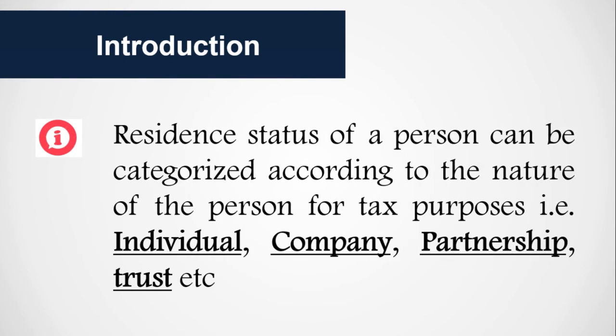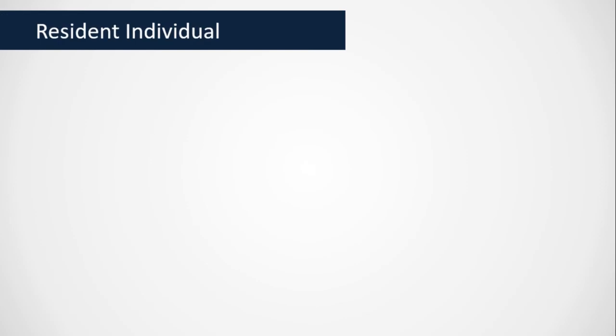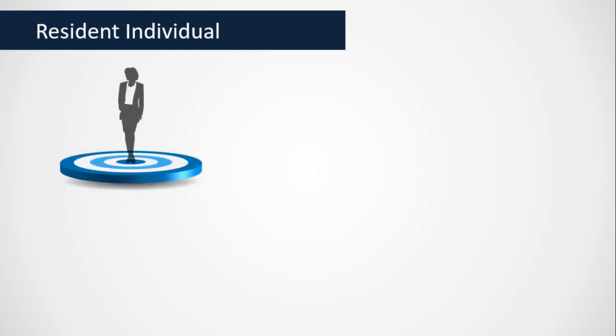We shall be able to look at the nature of resident individual, company, partnership, trust, and all corporations that you will come across as a tax practitioner. For resident individuals, we shall look at the different tests that are conducted by URA in determining whether someone is a resident individual or non-resident individual.